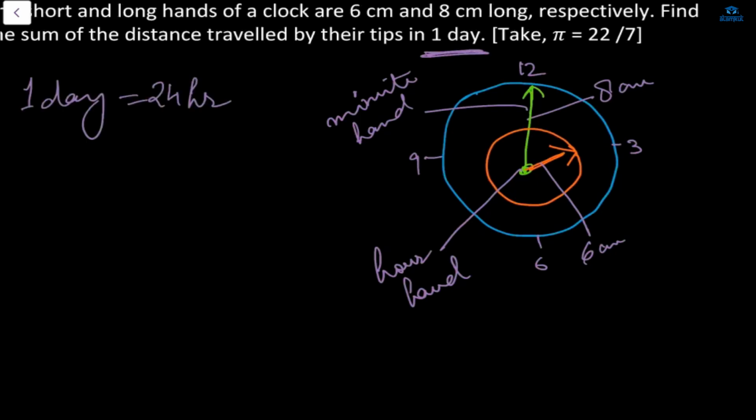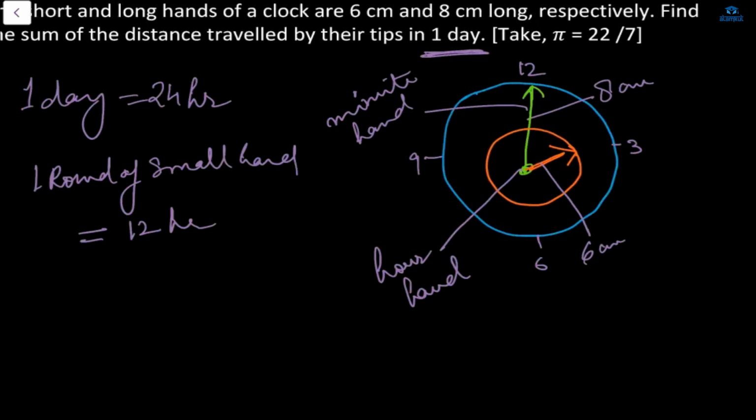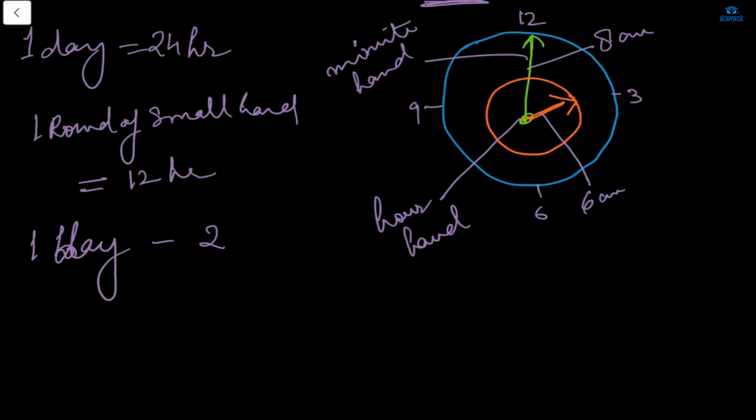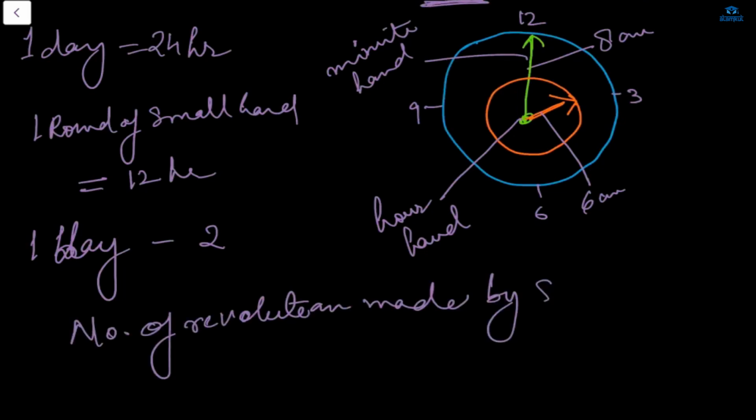So one round of the small hand is equal to 12 hours, and we need to cover 24 hours. So in one day the small hand will make 2 revolutions. Number of revolutions made by the small hand is equal to 2.